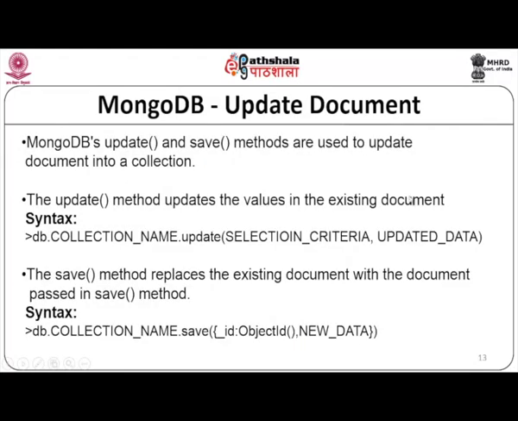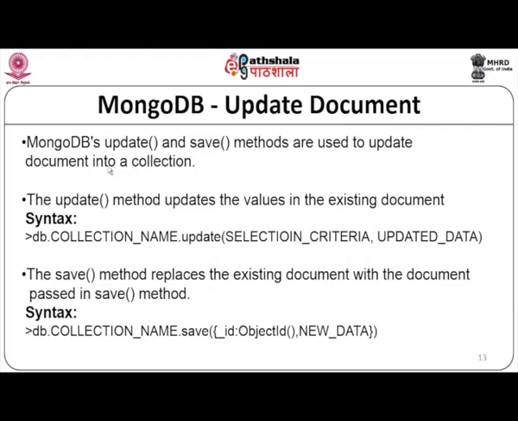The next type of command is the MongoDB update command. So, this is for updating a document. The MongoDB update command is of two types. You can have either an update or a save method, which can be used for updating a document in a collection. The update method actually updates the values in the existing document.